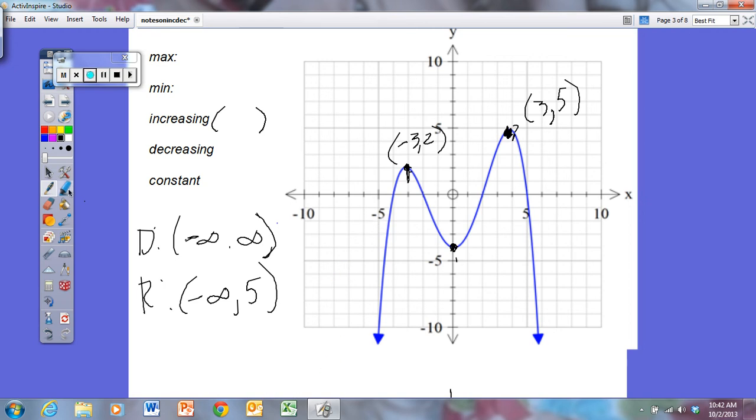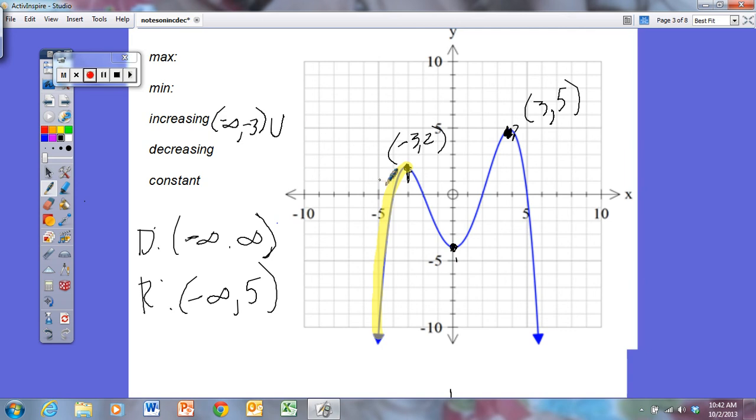So where is that? I guess this is like a highlighter. It's getting bigger and bigger right to there. So I'm going to say it's increasing from negative infinity, and remember I'm talking about the x values, not necessarily just the y values. It's increasing from negative infinity all the way to negative 3.